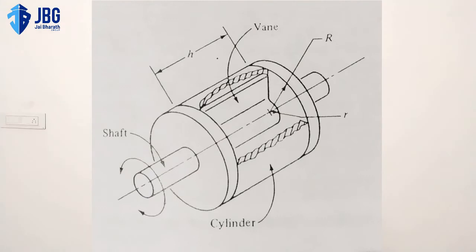There is another type of actuator, the vane actuator, which can provide a rotary actuation. You can see the diagram of a vane actuator.